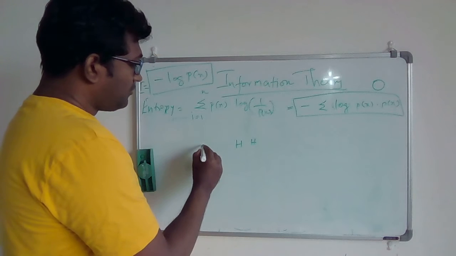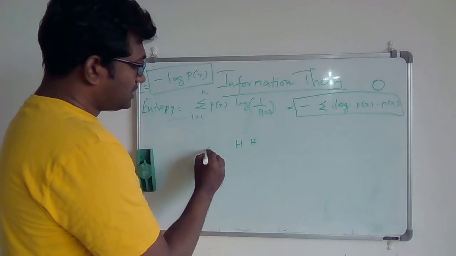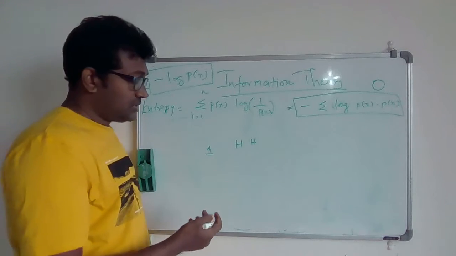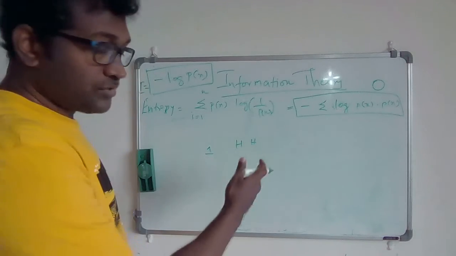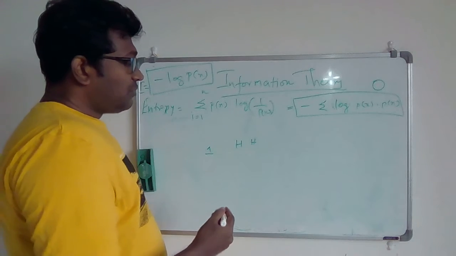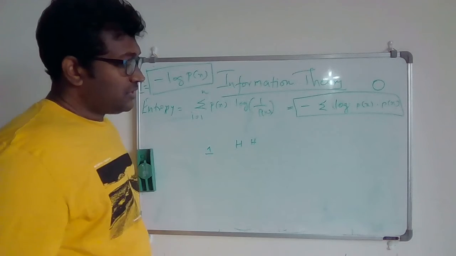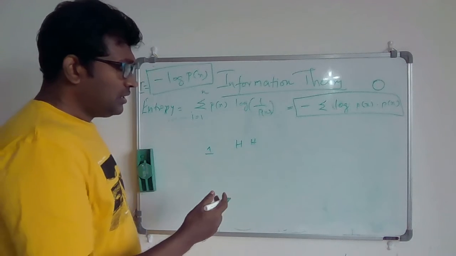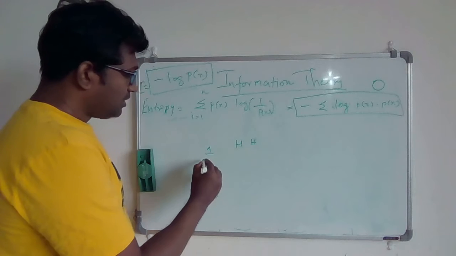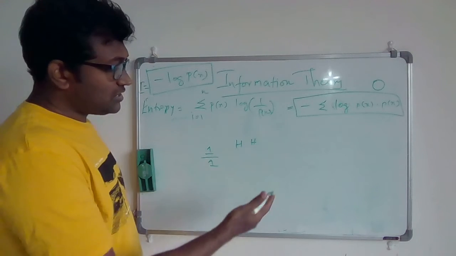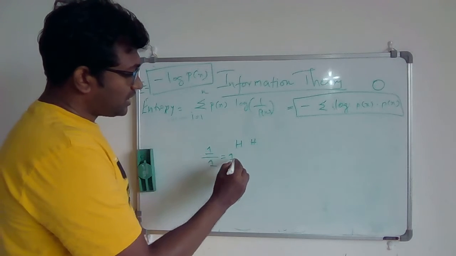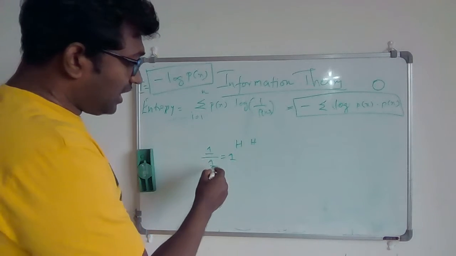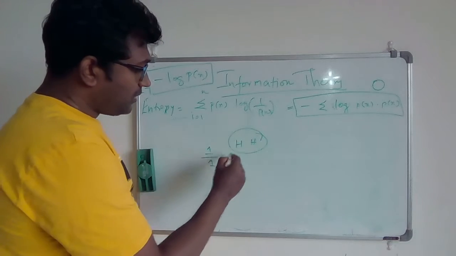The probability of heads, probability of x, is always 1, because it's always going to give heads. Anything which is known and is always going to happen, if you try to just inverse it, it becomes 1 by 1. If you just inverse the probability, the information becomes again 1. What it really says is that there's nothing surprising here, but it gives me more information.